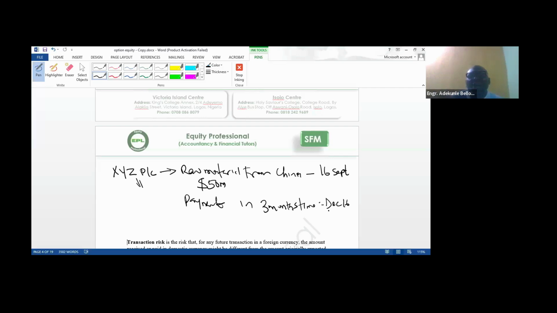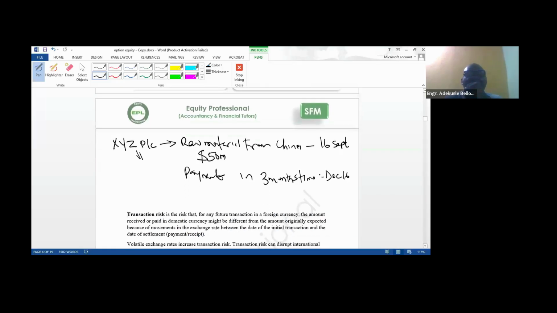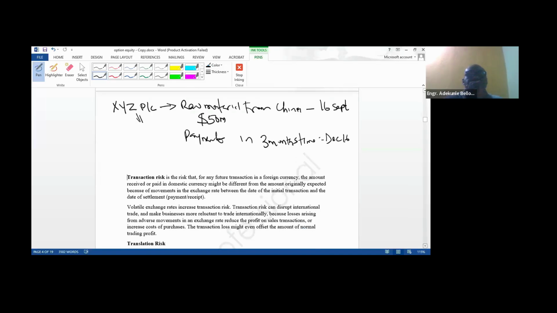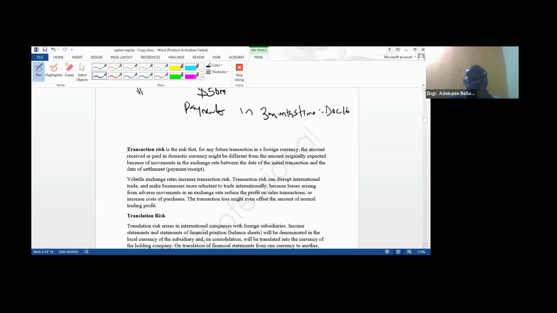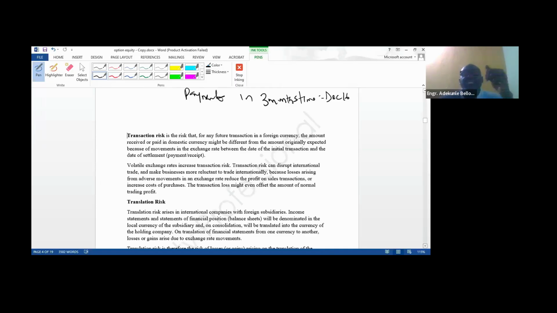That gives rise to transaction risk. The amount paid in naira may be higher or lower in 3 months' time due to exchange rate fluctuation.